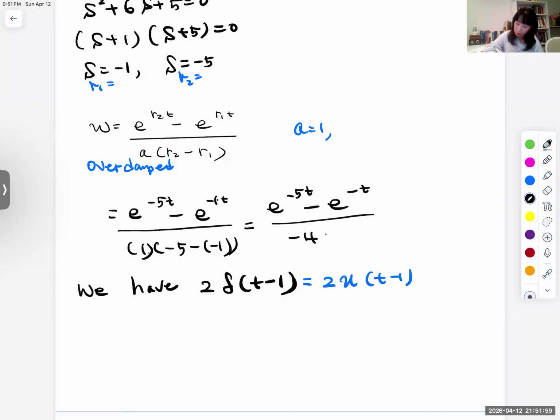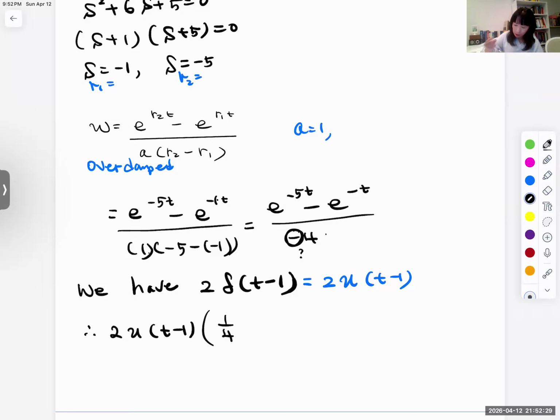So altogether we will have 2 u t minus 1, and we will get 1 over negative 4. So let me think about that.